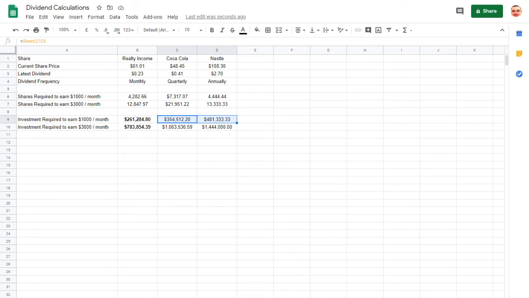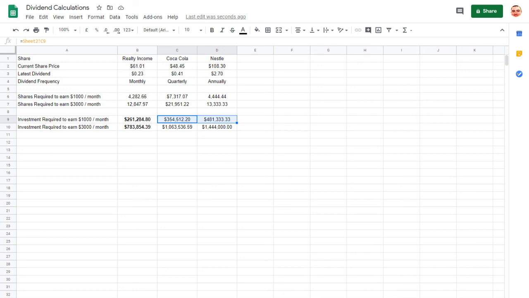If you wanted a certain monthly income, you would have to make sure that you didn't spend all of it in 1 month, and then you'd have nothing for the remaining 2 months of the quarter or 11 months of the year. You can't go on a big spending spree. But equally, you could also just reinvest the dividends back into the same stocks to get more and more growth, to compound the growth.